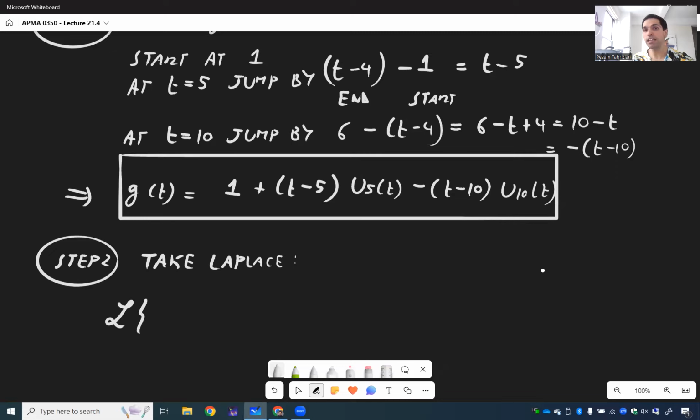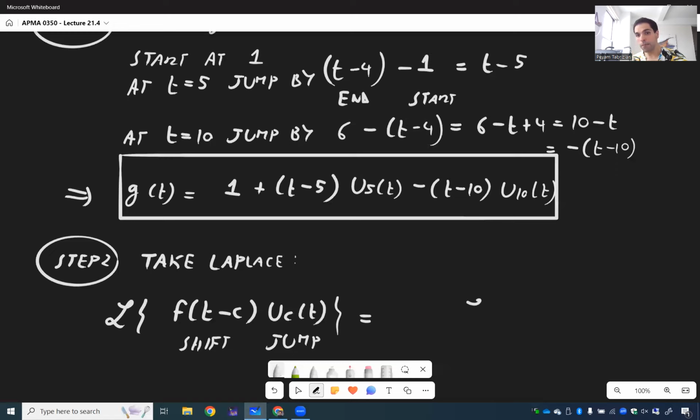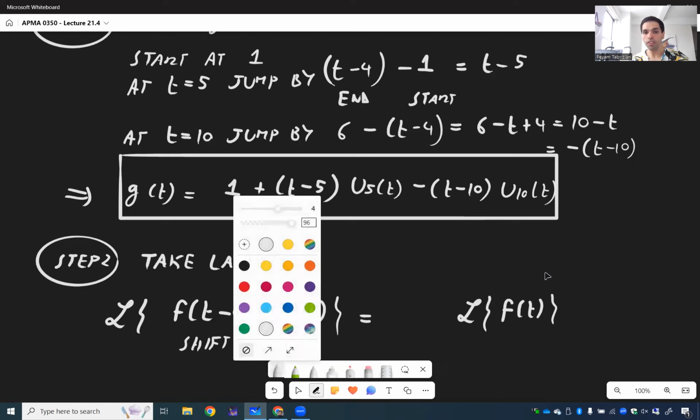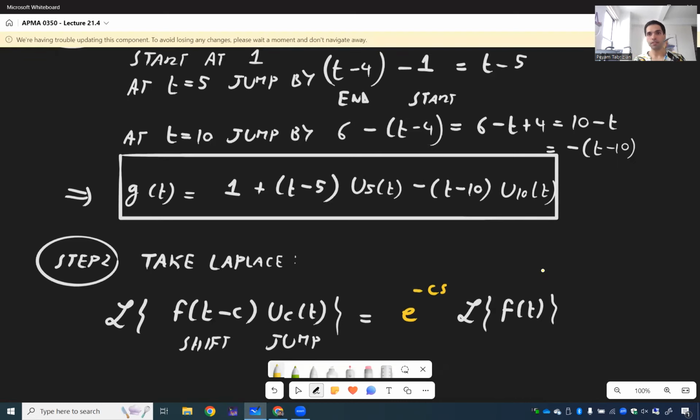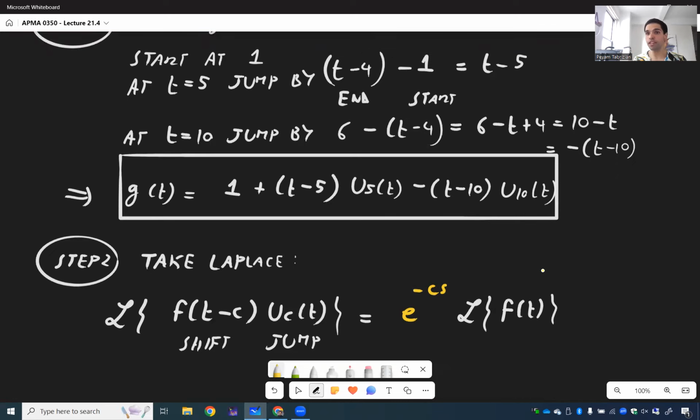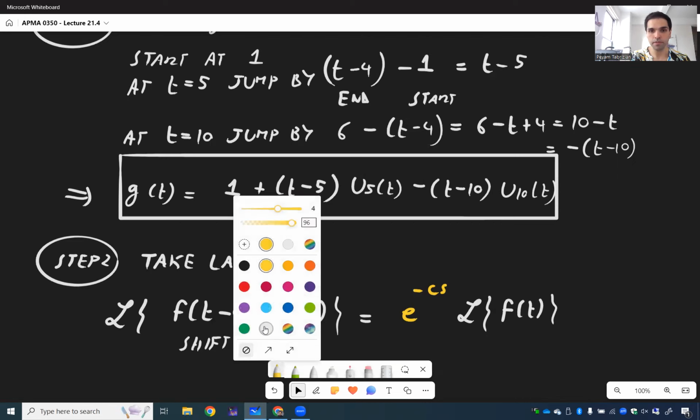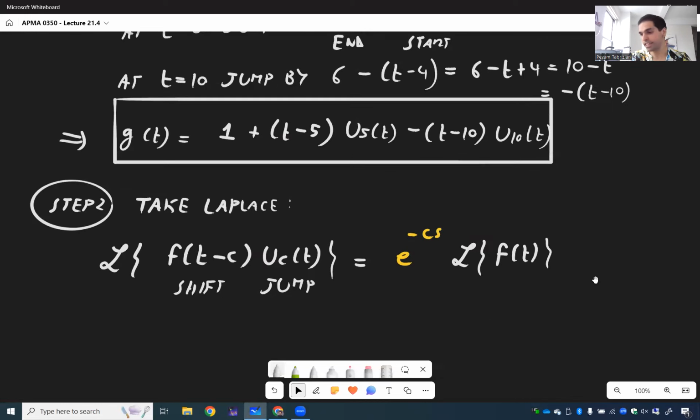So if you take the Laplace transform of shift and jump, it's the Laplace transform of the unshifted version, but with an extra exponential term. So once again, if you shift and jump, there's an e term that comes out. So let's apply this here.